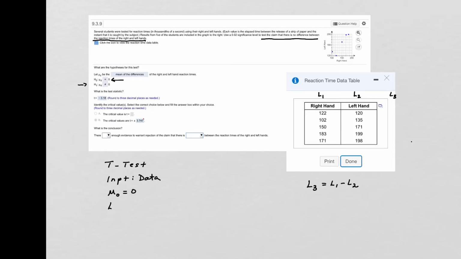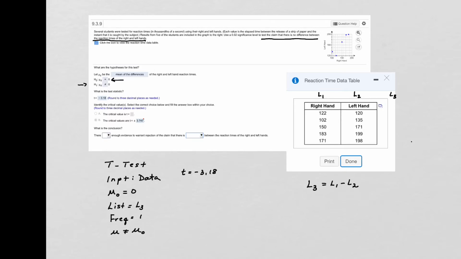Then I'm going to say that my list is L3, and the frequency should stay 1. The alternative hypothesis is that mu is not equal to mu 0, which reflects the alternative hypothesis we have written above. When we use calculate or draw, we get a test statistic, t equals negative 3.18.